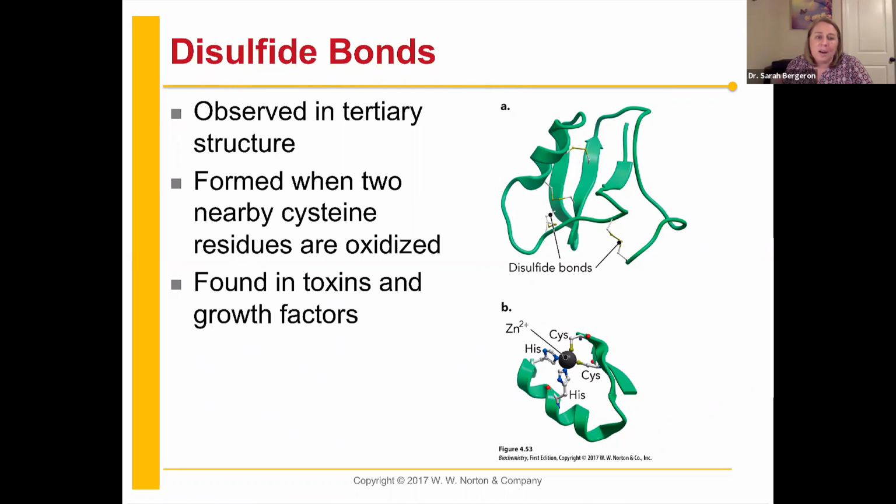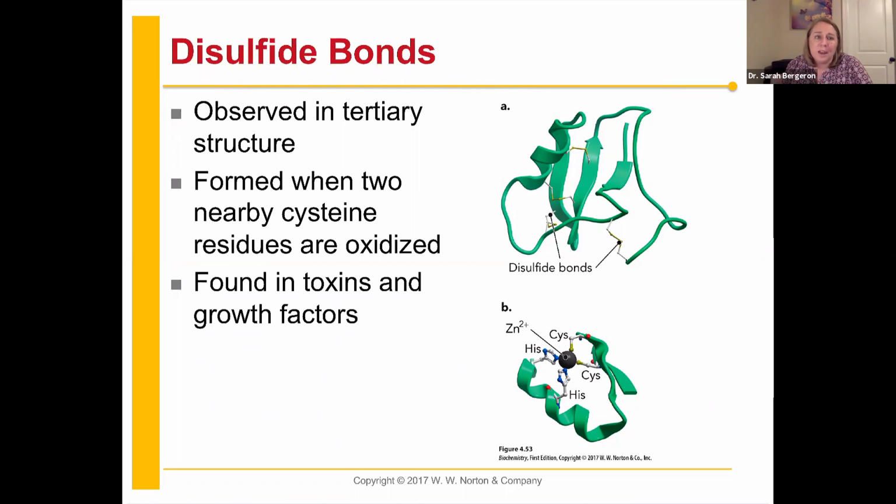And so it's really, really common in small secreted proteins that are in oxidizing environments, right? They need to maintain their functional activity even though they're in really, really dilute aqueous environments. And so you see them a lot of times in toxins and in growth factors.